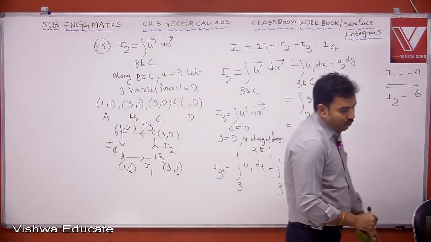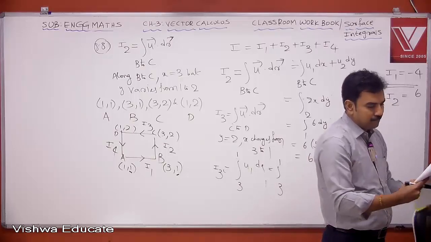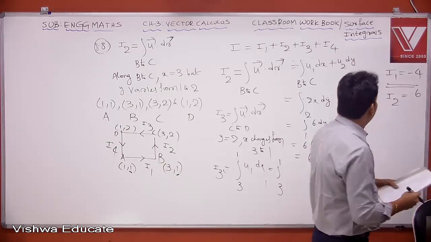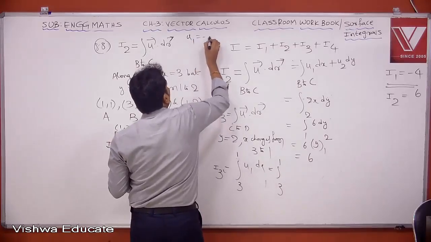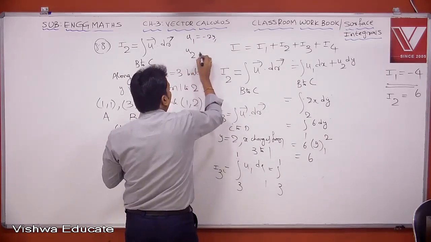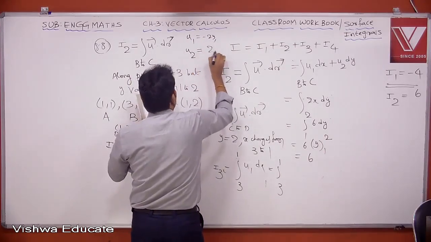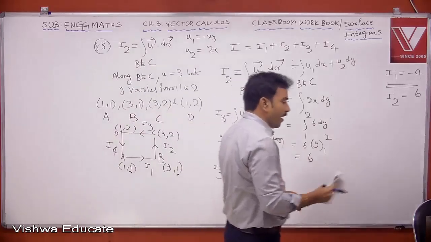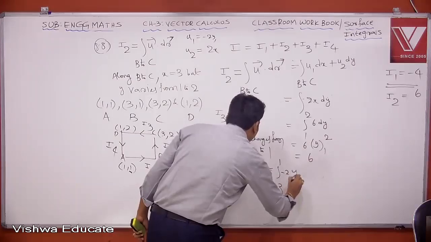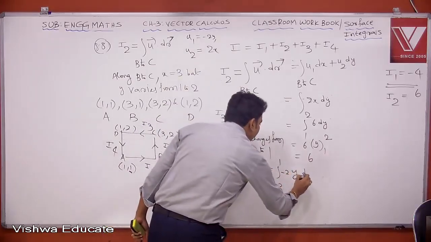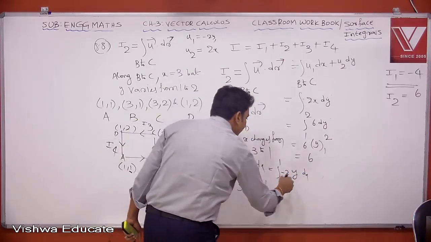What is U1? U1 is minus 2y and U2 equals 2x. So here U1 is minus 2y, this is minus 2y dx. But y value is 2.